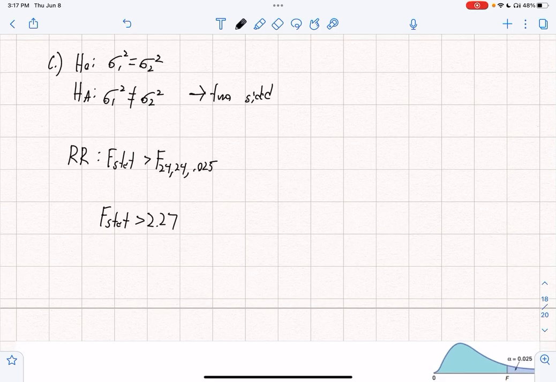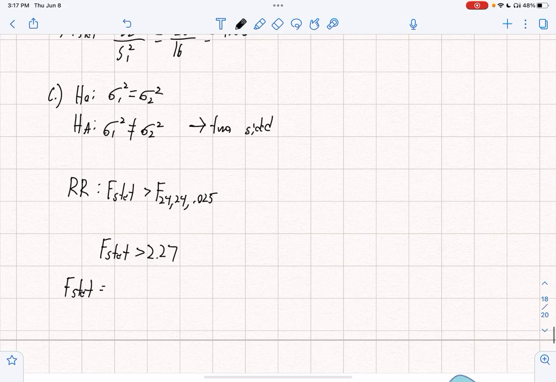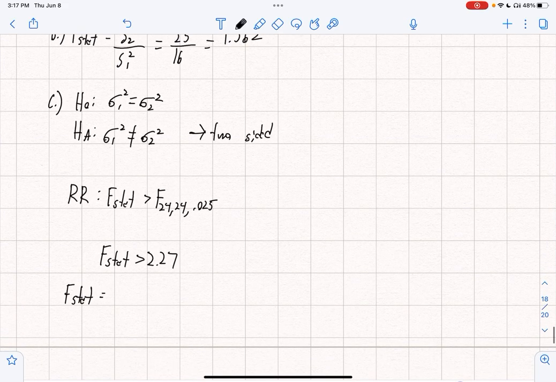So let's go ahead and plug in our F-stat. F-stat is equal to 1.562. Is this bigger than 2.27? No, it's not. So this was F 24, 24, 0.025.